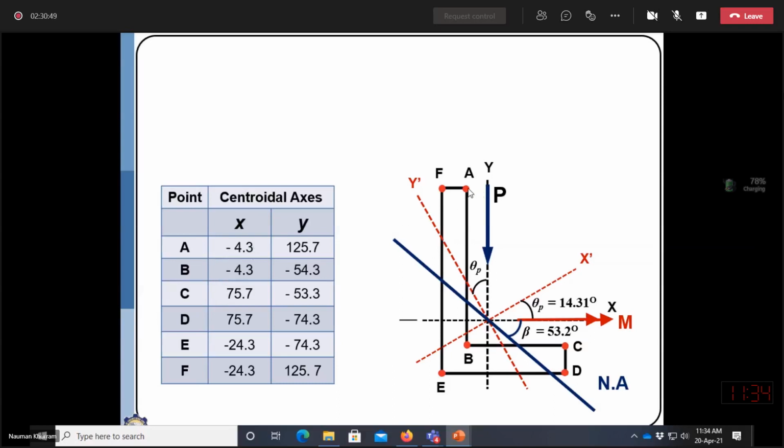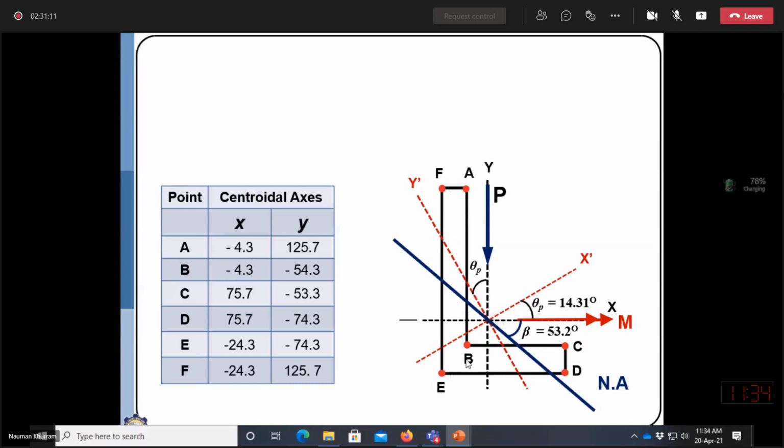For example, points A and F are in the second quadrant. In the second quadrant, vertical ordinates are positive, and the abscissa value, or the component along the x side, is negative, because x values on the left side are negative. So A and F will have minus x value.